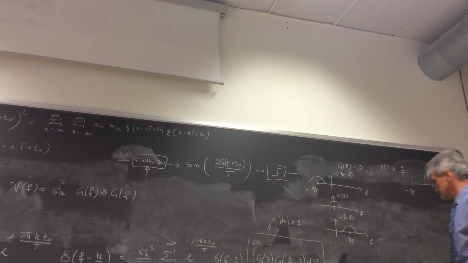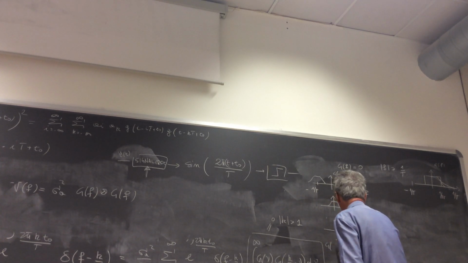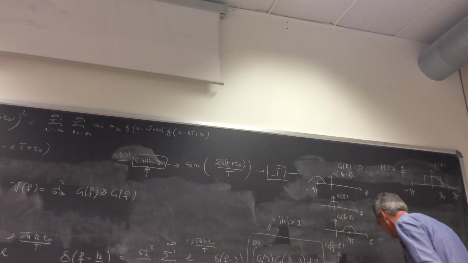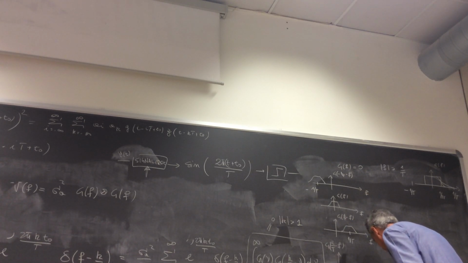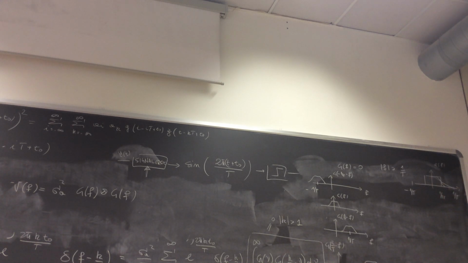And then, let's go on. Let's look at G of 2 over t minus f. Well, this will be centered on 2 over t, like this, so there is no overlap, okay? Again, an exercise in signal theory, the second year of the first level degree.